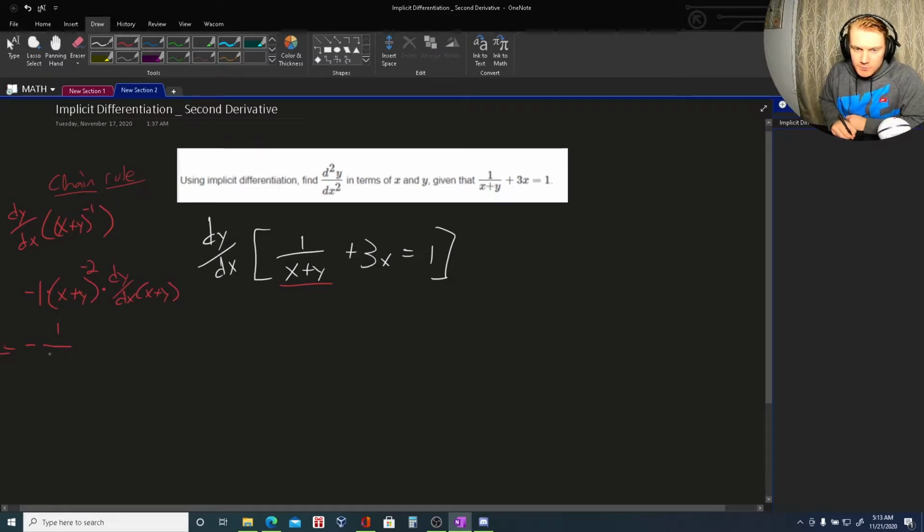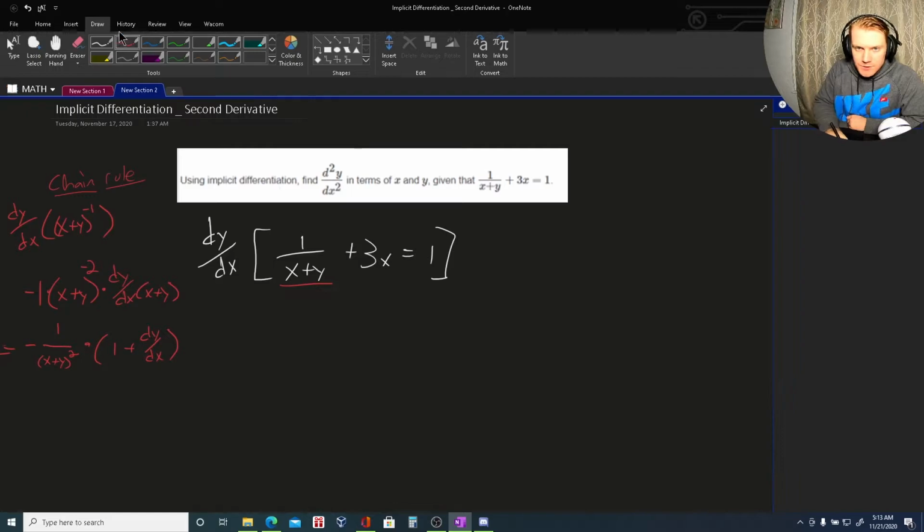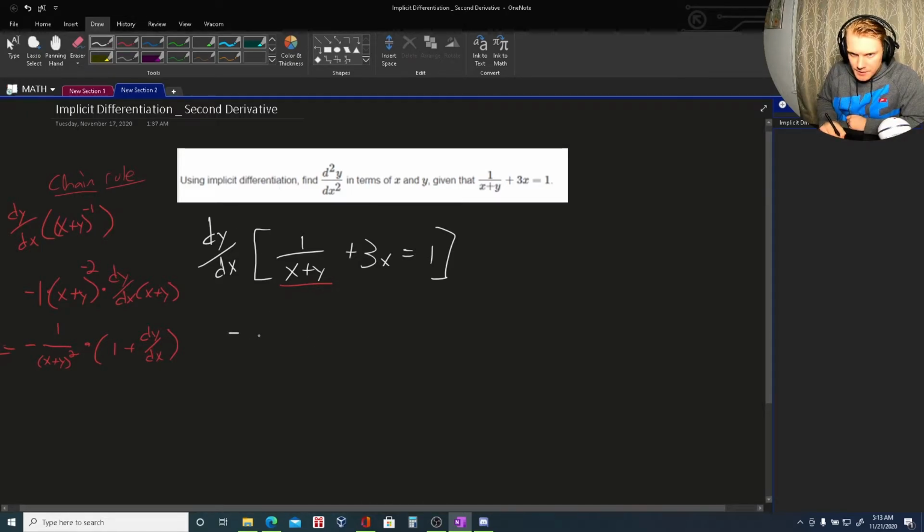So we have negative 1 over (x plus y) squared times (1 plus dy/dx).